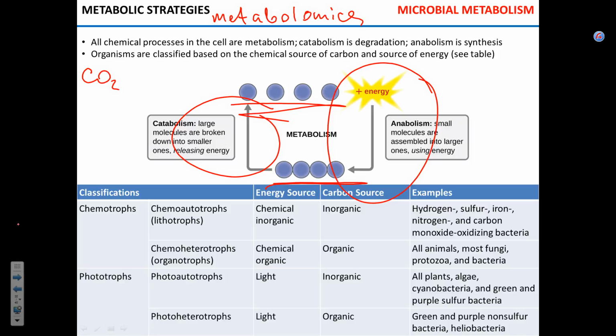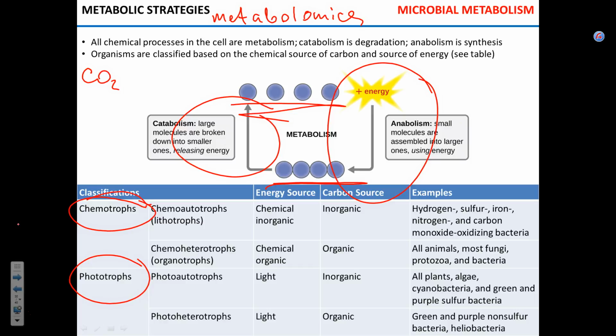So based on those categories, the source of energy and the source of carbon, organisms can be divided into several big groups. First of all, energy source: chemotrophs versus phototrophs. Phototrophs obtain energy from light. Make sense?